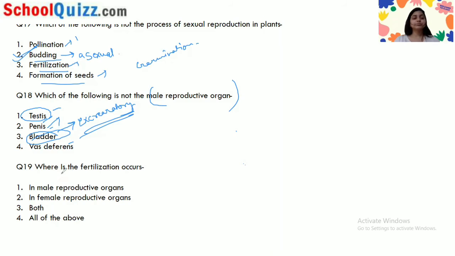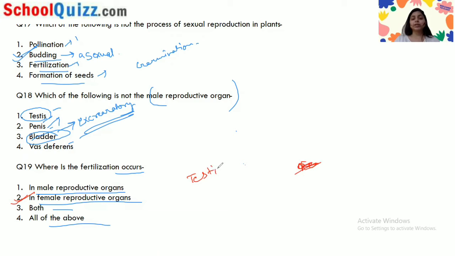Okay, where does the fertilization occur? In male reproductive organs, in female reproductive organs, both, or all of the above? Just tell me where the fertilization occurs. So it is in the female reproductive organ.